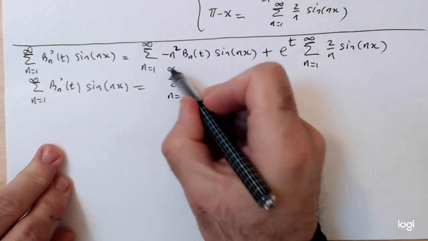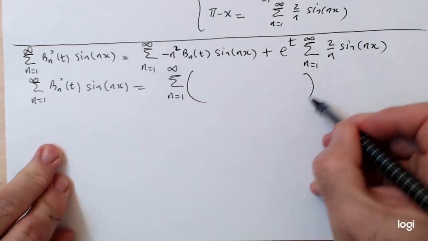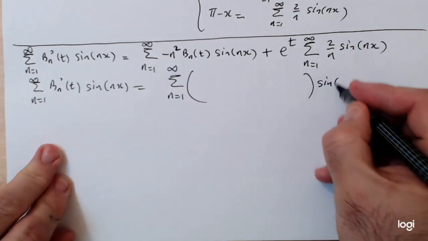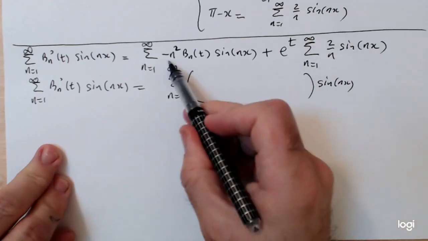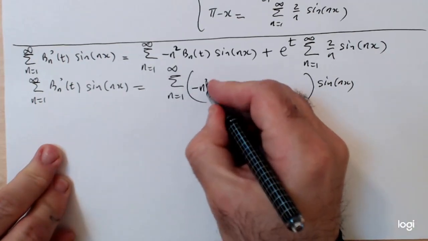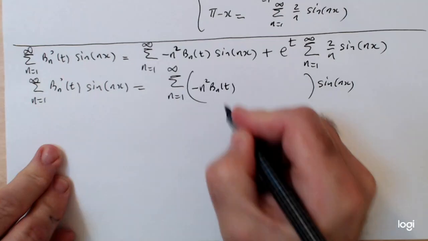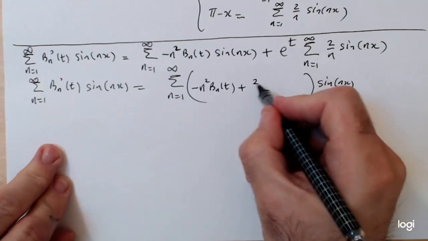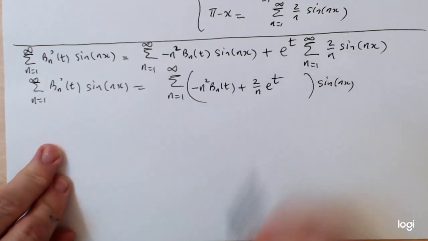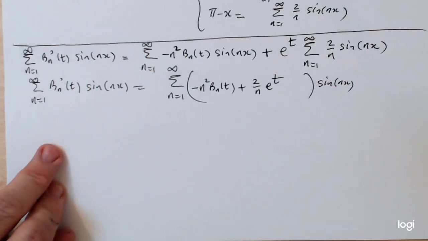So if we combine these summations and pull out sine of nx, you're going to be left with minus n squared bn of t plus 2 over n e to the t. That is the key method of why this thing works.